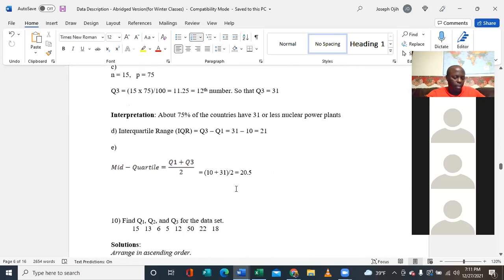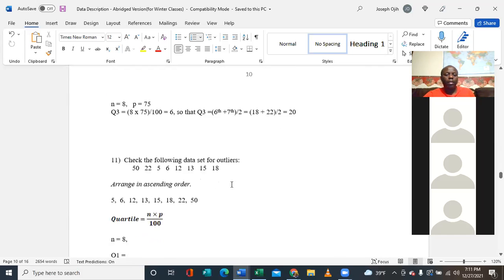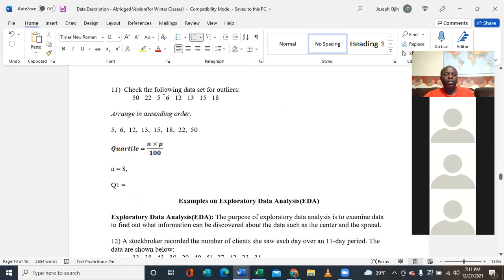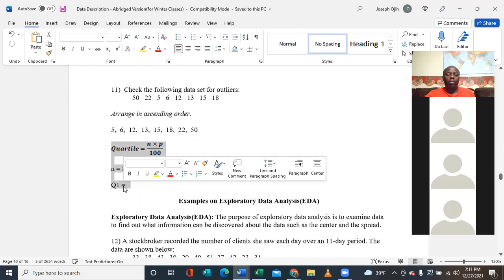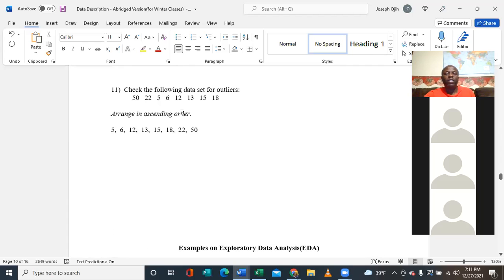Here it says, check the following data set for outliers. So first thing you do is arrange them in order from smallest to largest, then find Q1 and Q3. I have shown you how to find them, so I'm not going to do those again. I'm just going to write my answers.